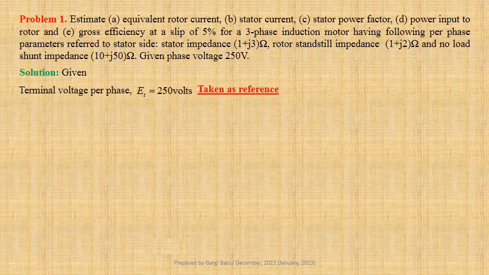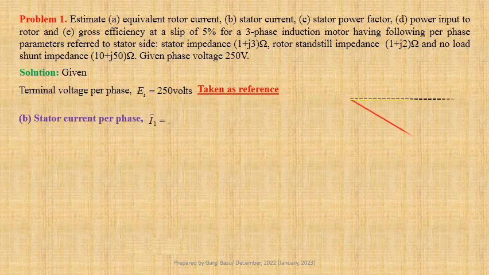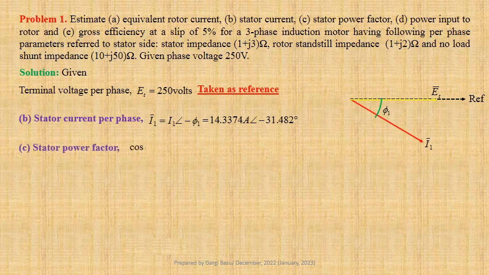In polar form, we can write stator current per phase I1 equals I1 at an angle minus phi 1 equals 14.3374 ampere at an angle minus 31.482 degree. Let us now determine stator power factor. Cos phi 1 equals cos of 31.482 degree, that is equal to 0.8528 lagging.